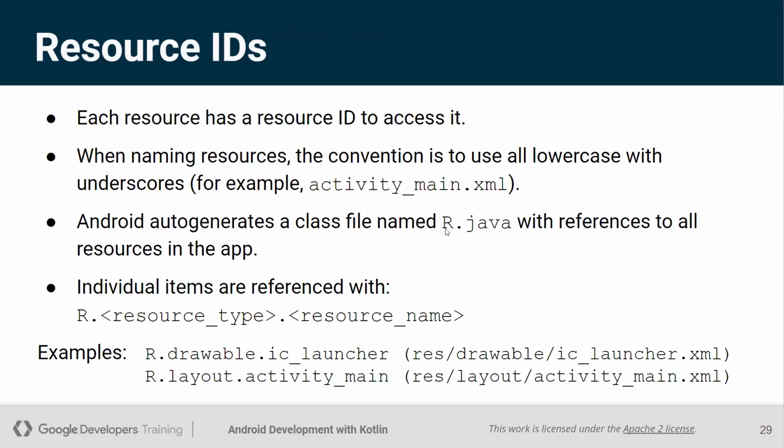We have a resource file called capital R. We can go to capital R dot, some kind of resource file name under which it's available, and then we can access the resource. If our resource is available in the drawable folder and its name is ic_launcher, we can give this command to access that ic_launcher file, or whatever XML file is needed.